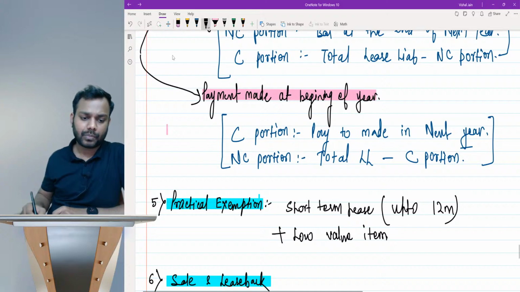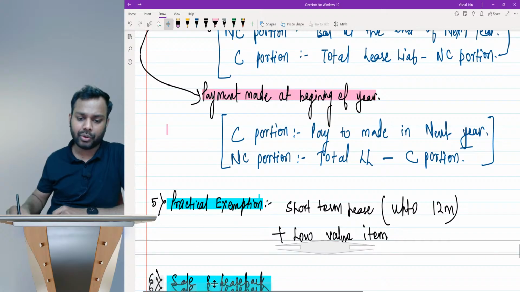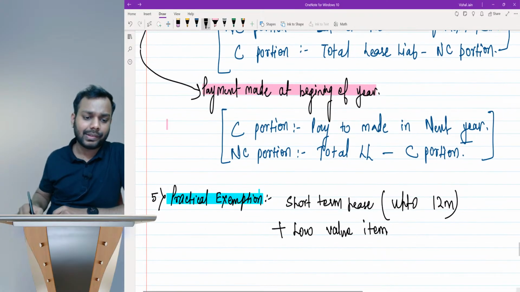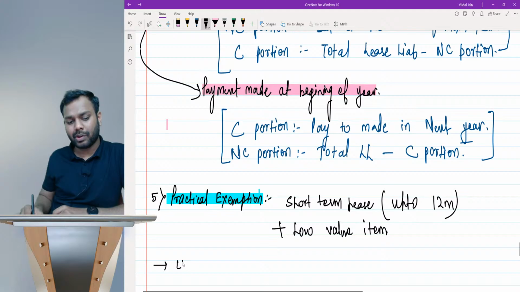I'll write here what we have to do and what we don't need to do. The standard says no recognition of lease liability and ROU asset.